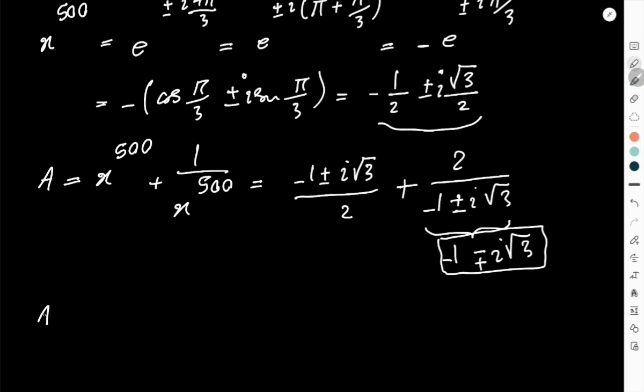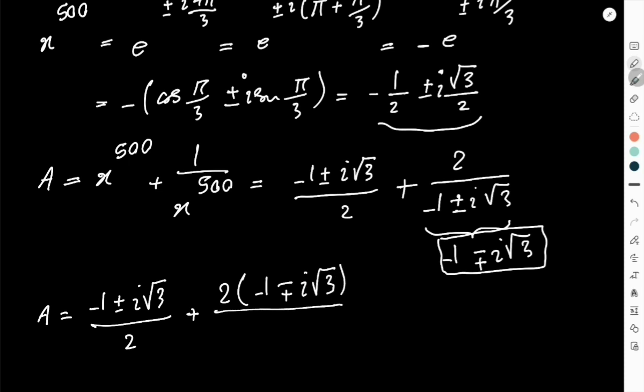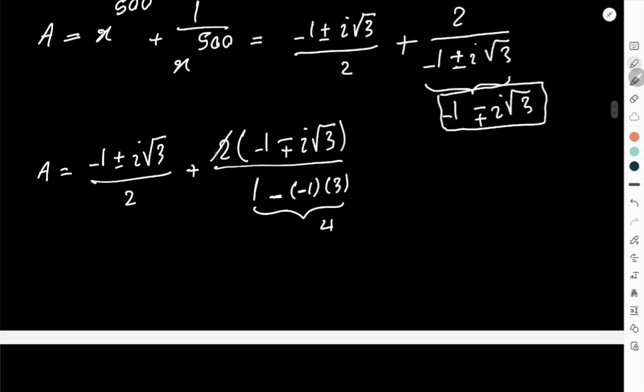As a result we get A equals minus plus i square root of 3 over 2 plus 2 times (minus 1 minus plus i square root of 3). For the denominator, we know from complex number theory that when we multiply a complex number by its conjugate, we get 1 minus (minus 3), which is basically 4. Then we can simplify 2 by 4, which gives me 2.